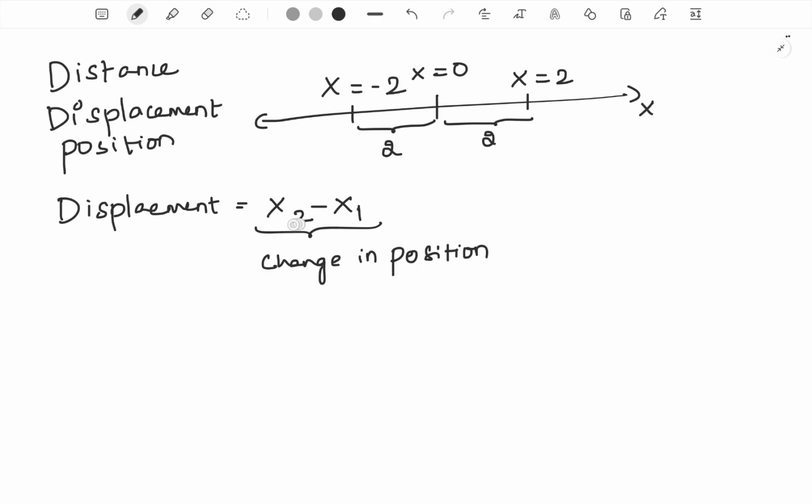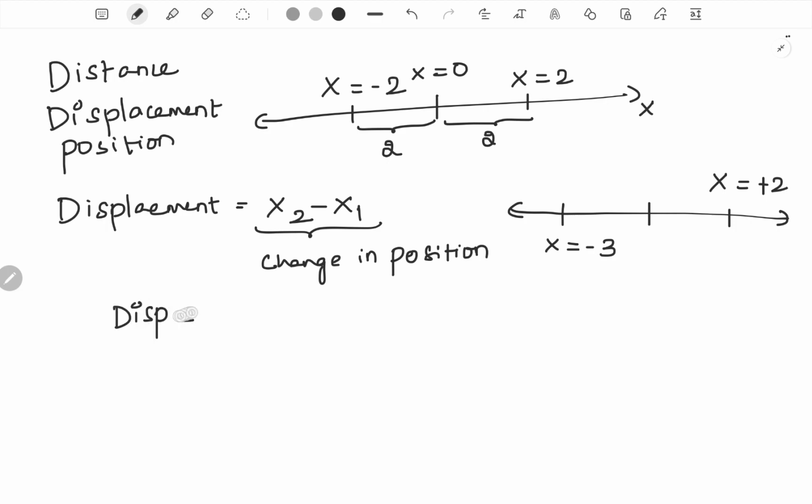To understand it, let's take a simple example. Let's say a particle was initially at x is equal to plus 2 and finally it's at x is equal to minus 3. The displacement in this particular case comes out as final position minus initial position, which is equal to minus 5 units.